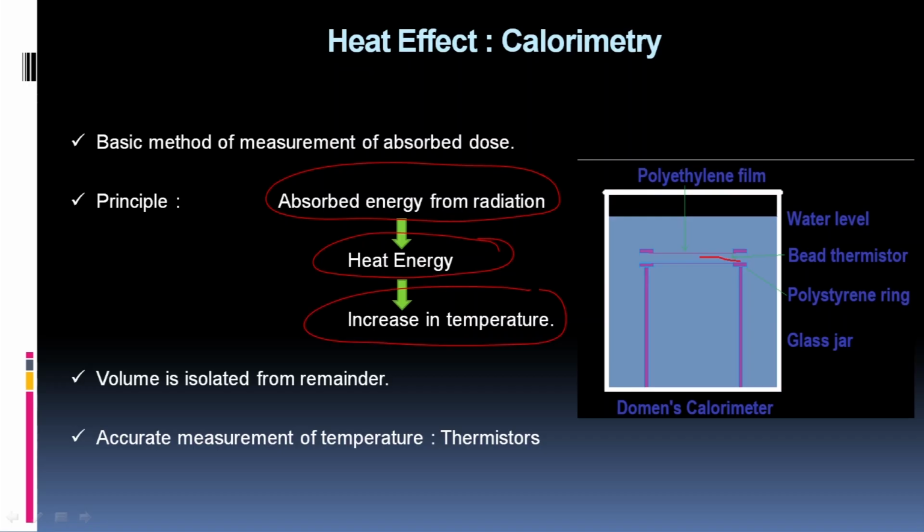This is a Domen calorimeter. It is used as the primary standard for dose measurement. In this famous calorimetry system there is water in a glass jar, and this volume of water is thermally isolated from the rest of the world, so there is no heat loss or gain from outside.